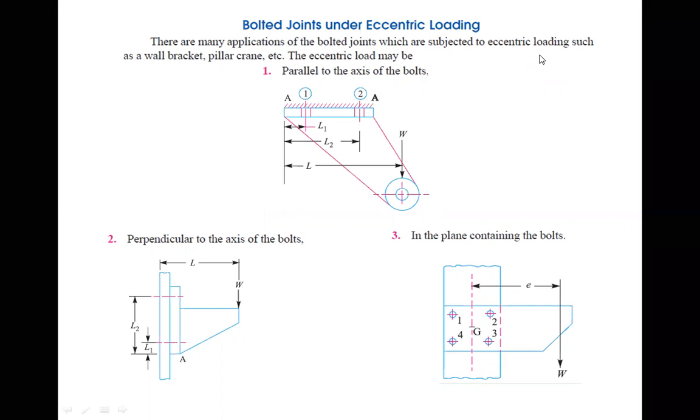In the introduction lecture, we just saw different formulas. Now, how to use those formulas, how these different kinds of applications work, and how we can find the diameter of the bolt, we'll see in detail.